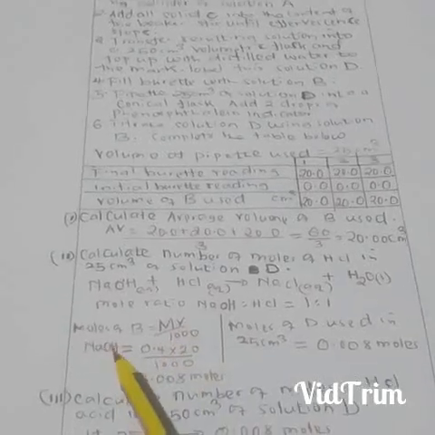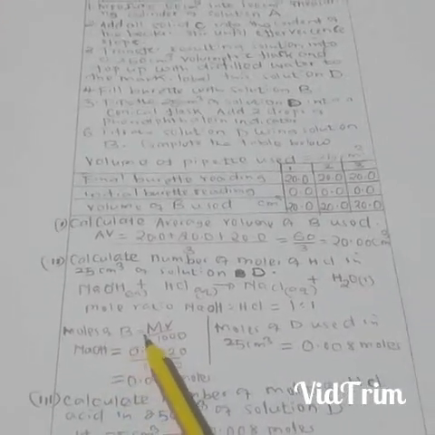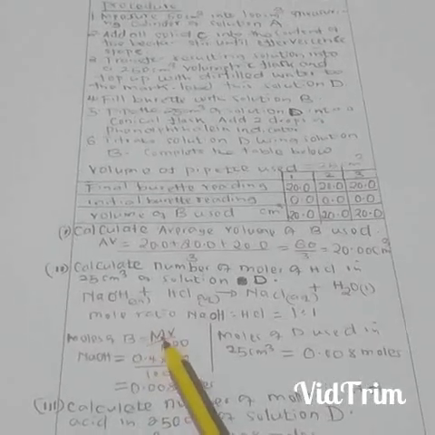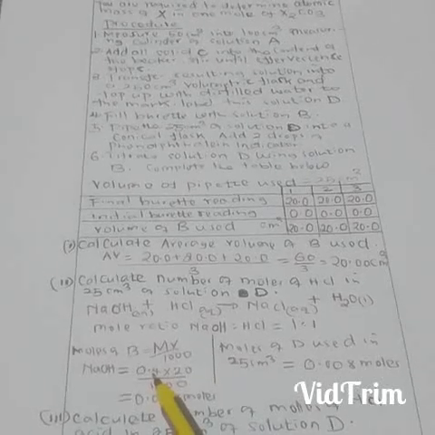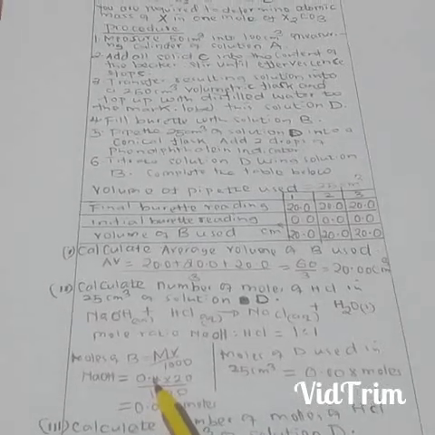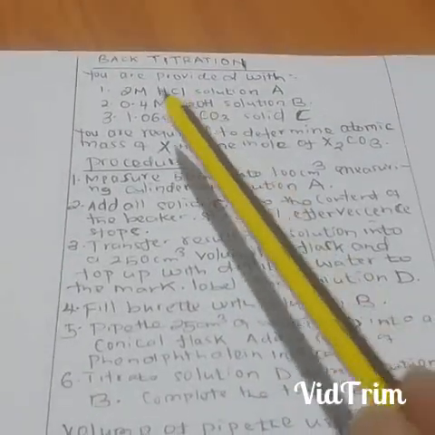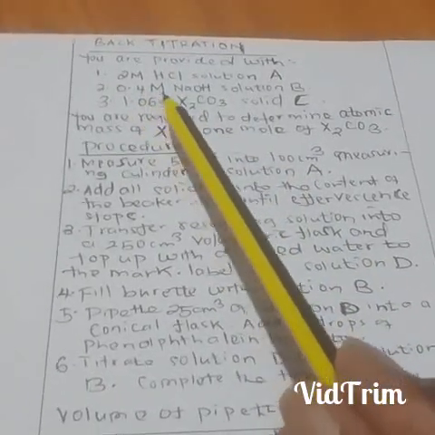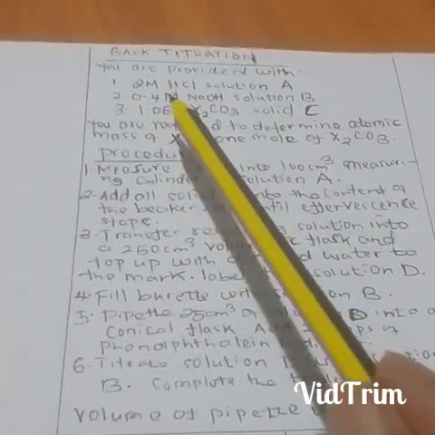So in this case, what's the number of moles of solution B, sodium hydroxide? Number of moles is given by molarity times volume all over 1000. What's the molarity of sodium hydroxide solution B? When we come to what has been given, the molarity of sodium hydroxide solution B is 0.4. Is it okay?